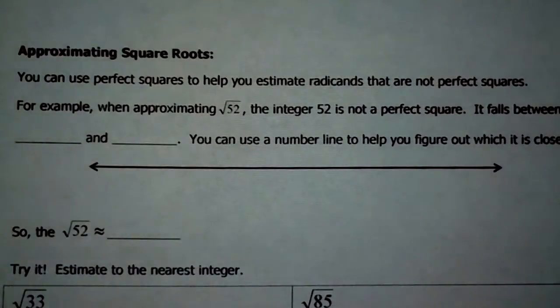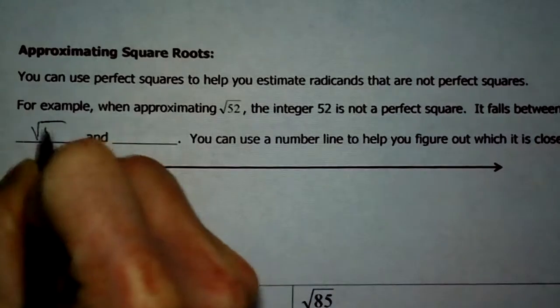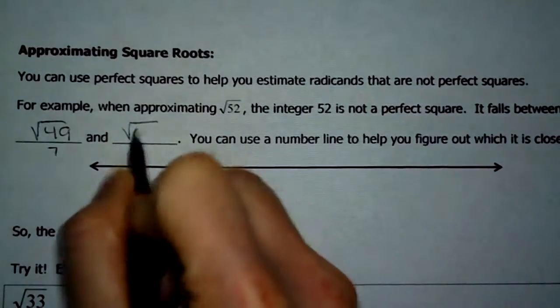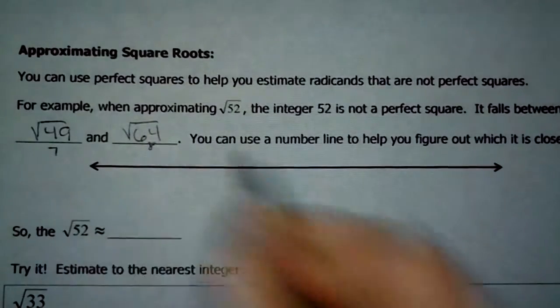For example, if I asked you to find the square root of 52, we know that 52 is not on the perfect square list, right? And we know that because it falls between the square root of 49, or 7, and the square root of 64, which would be 8.